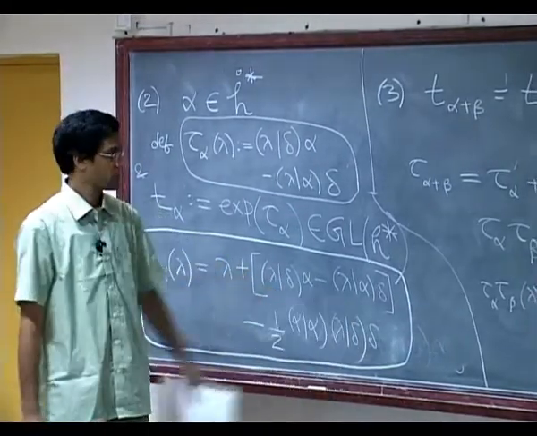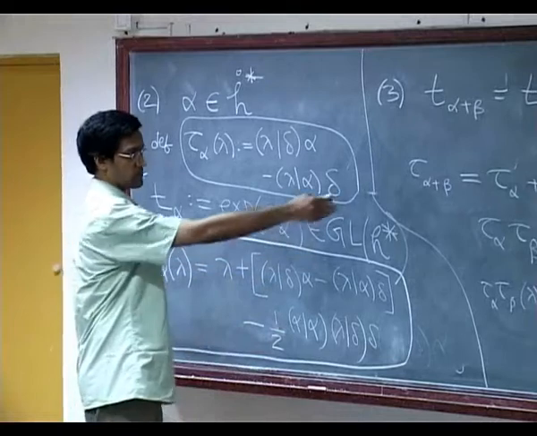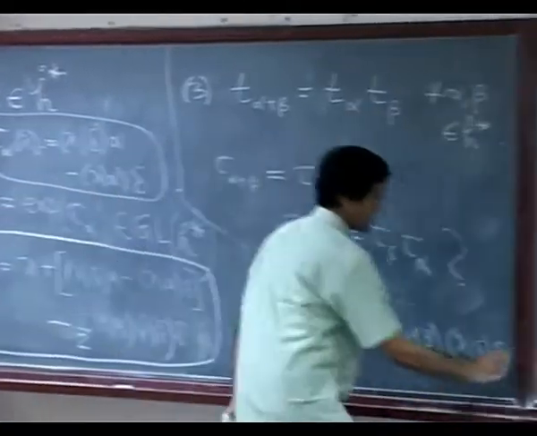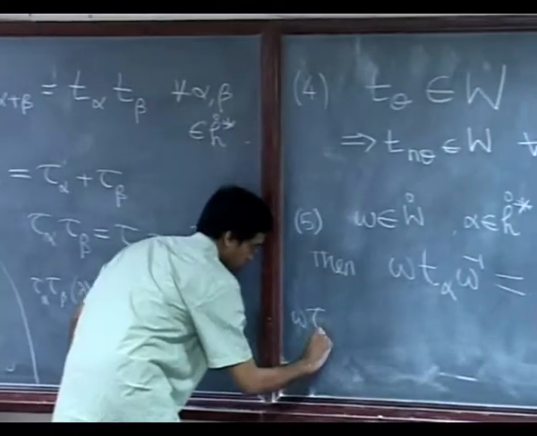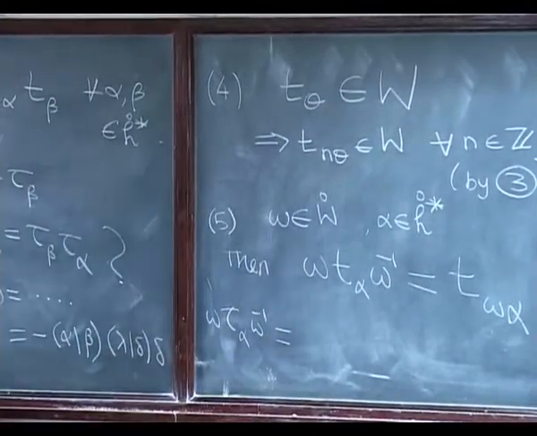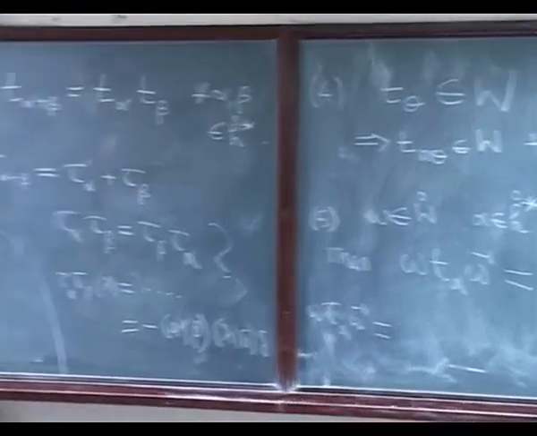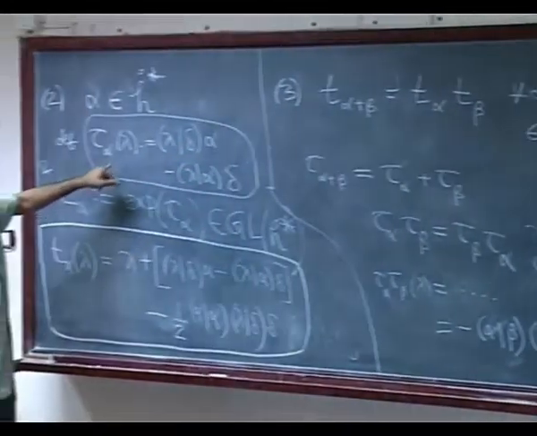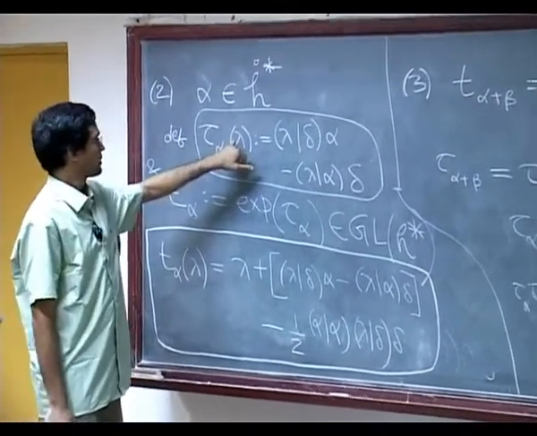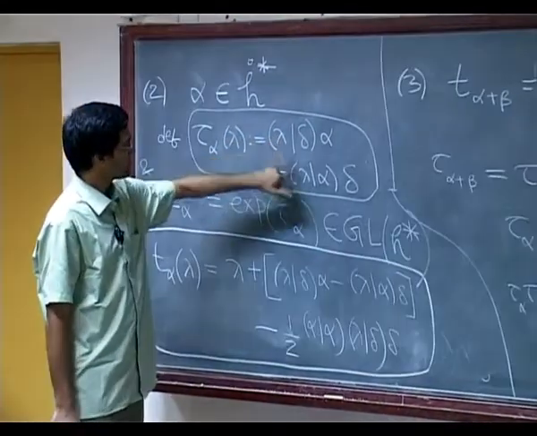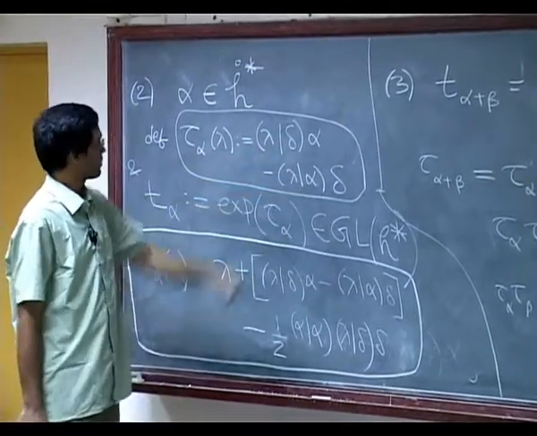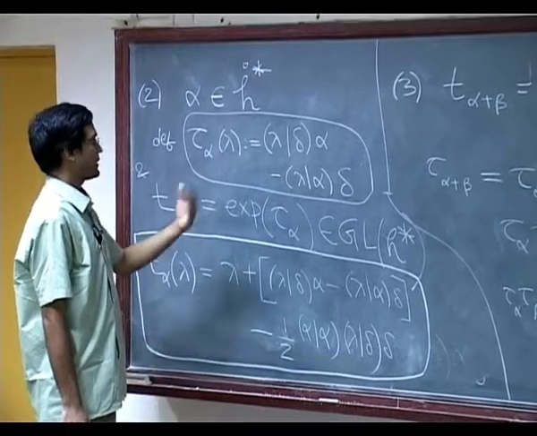Let's check what happens when you apply this conjugation operation to a tau. For example, what is W tau alpha W inverse? It's a much simpler object, only the linear terms. I first apply W inverse to lambda, so I get W inverse lambda, and then I do the tau, and then I need to apply W again.